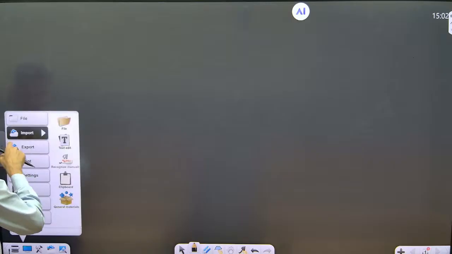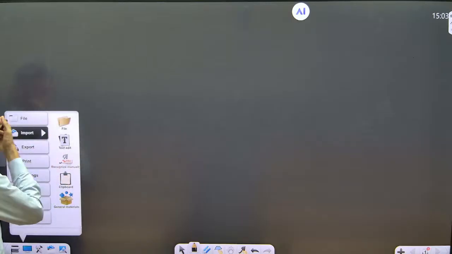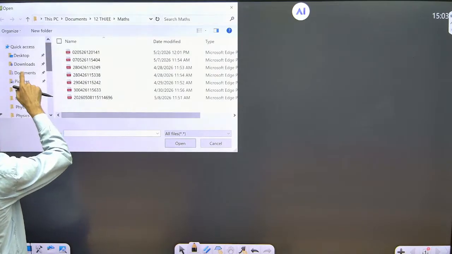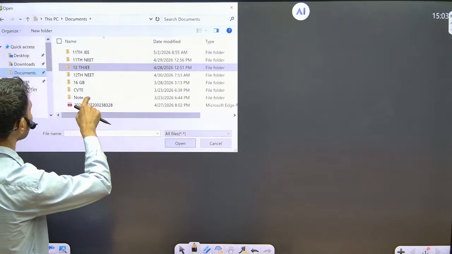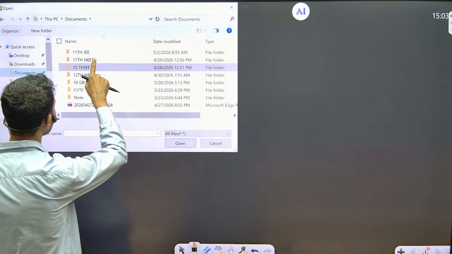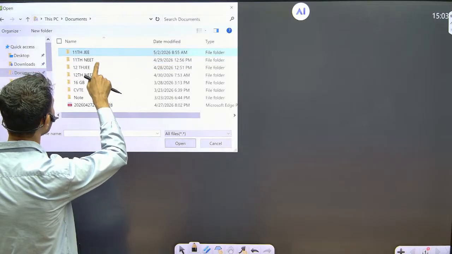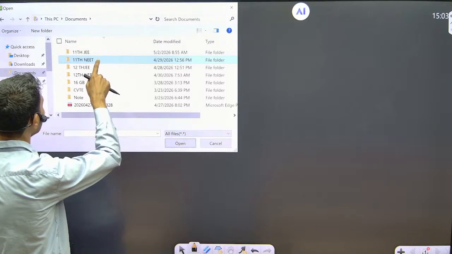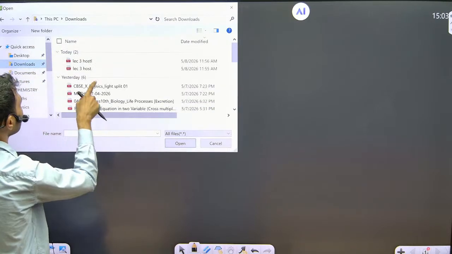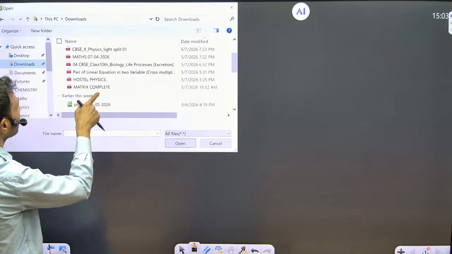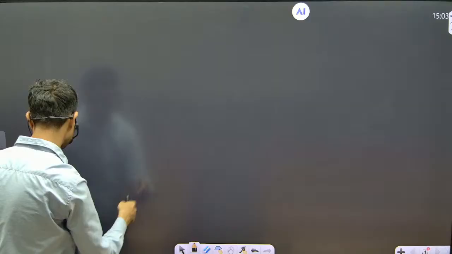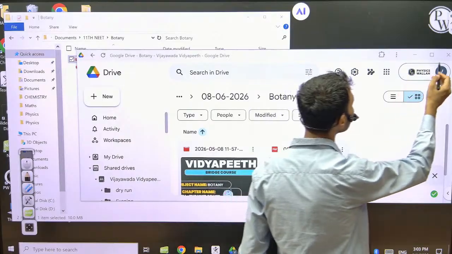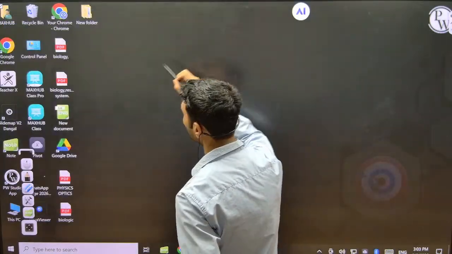Import, import file. Learning skill, learning page, download. One second, kids. I'm not able to find it. Okay, anyway, I'll re-download it. I'm not able to figure out where the old file is. Just hold up, kids. I'll download it again.